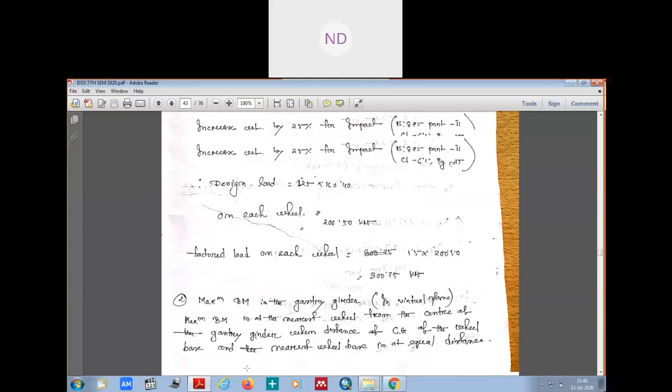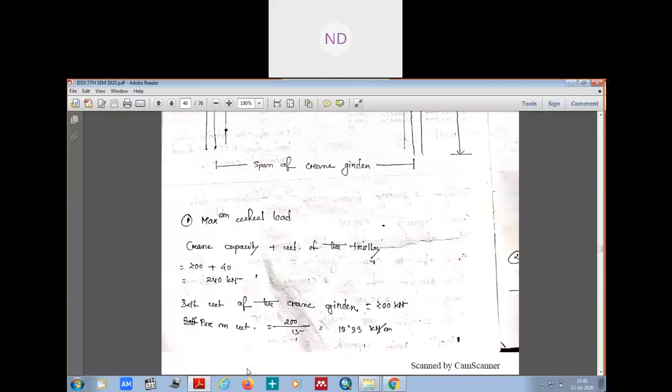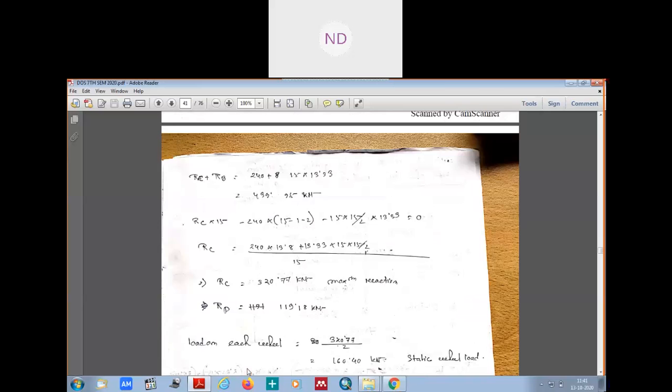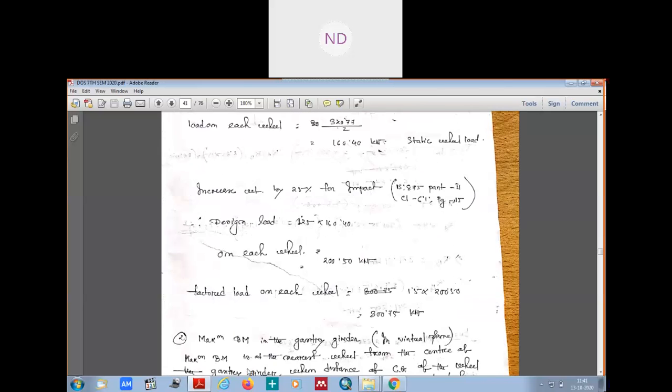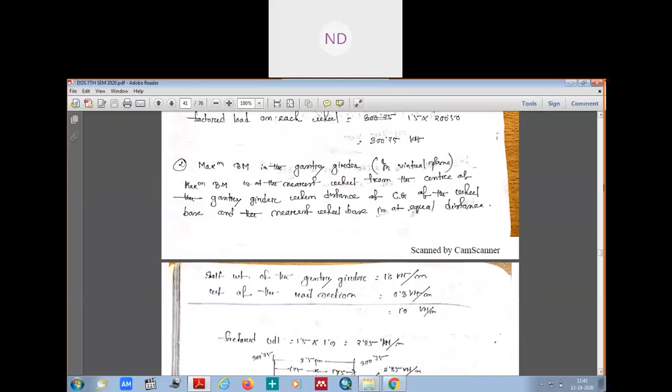You can see, this was the factored load on each wheel, 300.75 kilonewton. So in our shear force diagram of the gantry girder, this is wheel 1, wheel 2, each 300.75 kilonewton.